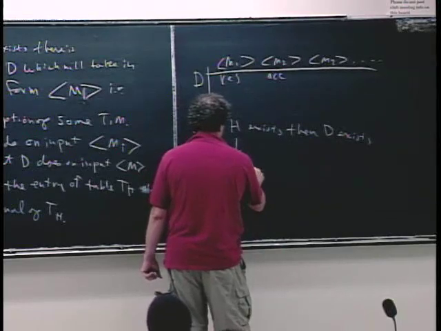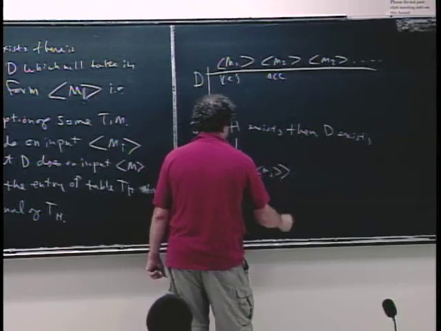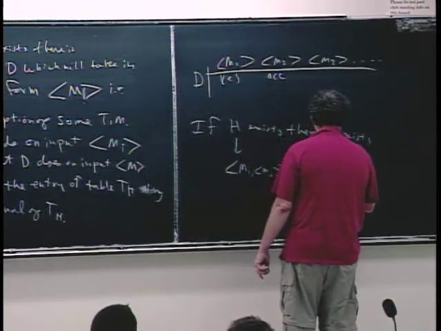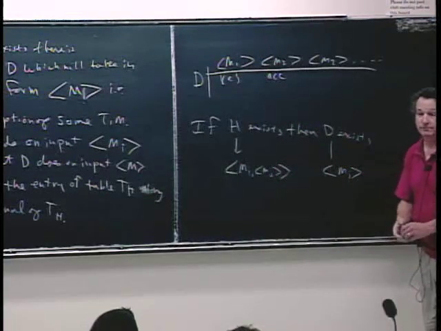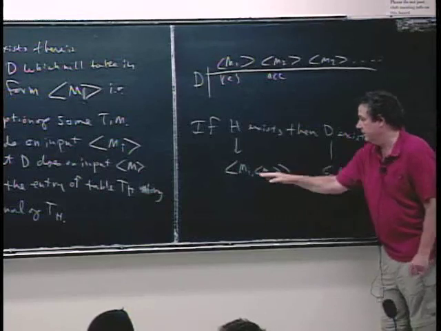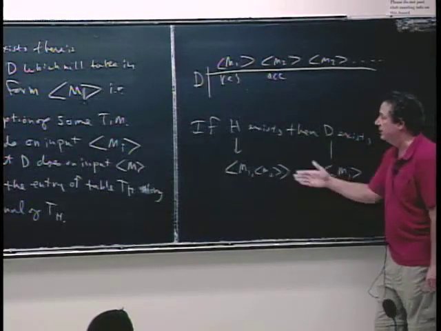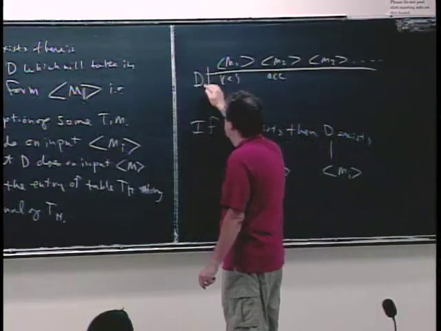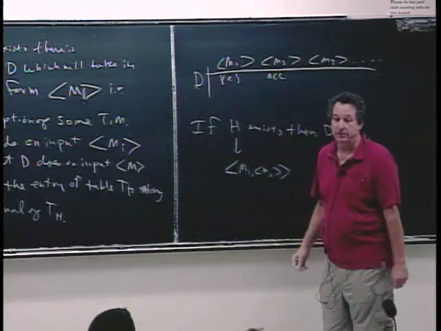But again, H takes in a different kind of input. It takes in M_I, M_J, and D only takes in a description of a Turing machine. Okay? So H takes in two pieces, D only takes in one. But again, if H exists, then we're certainly describing what D does. How do we know that D exists?